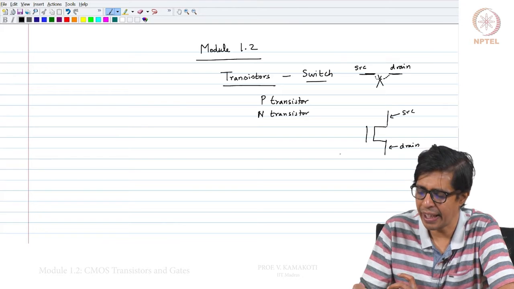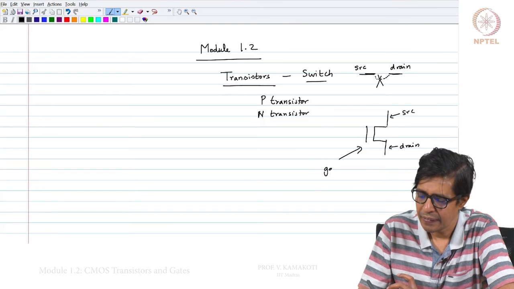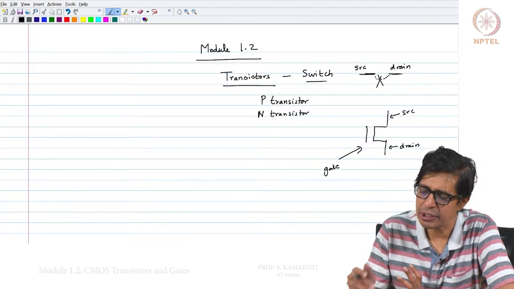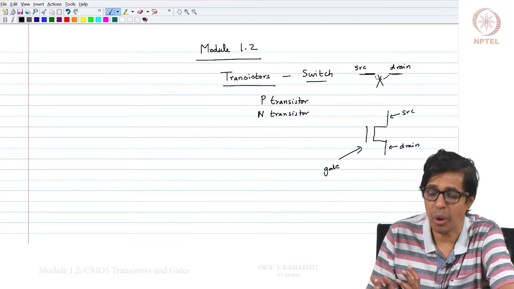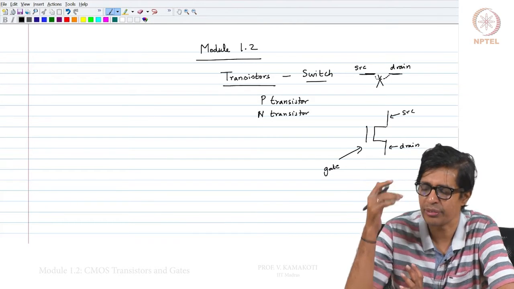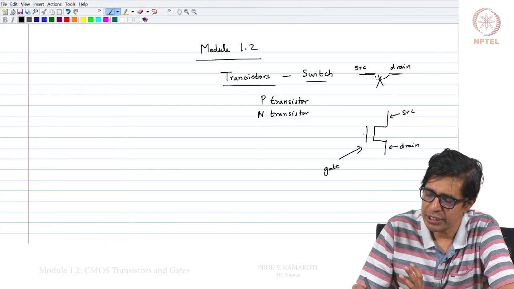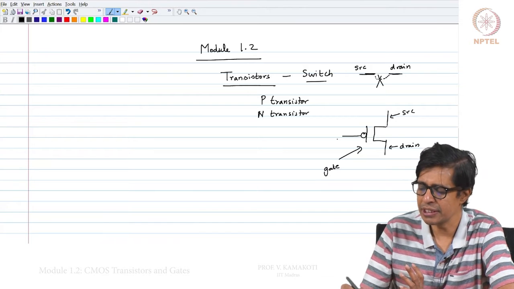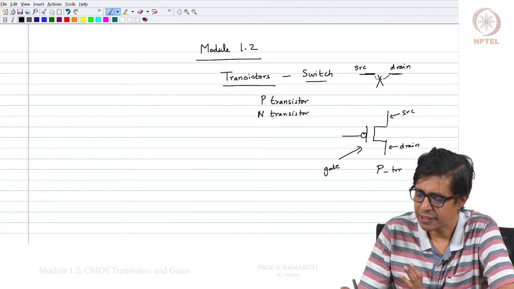This is called a gate, which will connect the source to drain when the transistor is on and which will disconnect the source to drain when the transistor is off. So, this is the P transistor. Please note that there is a small bubble circle here.